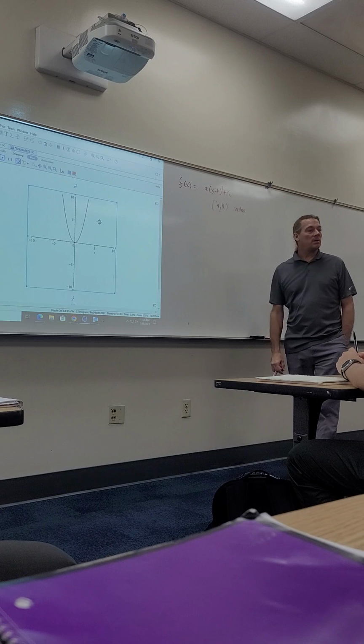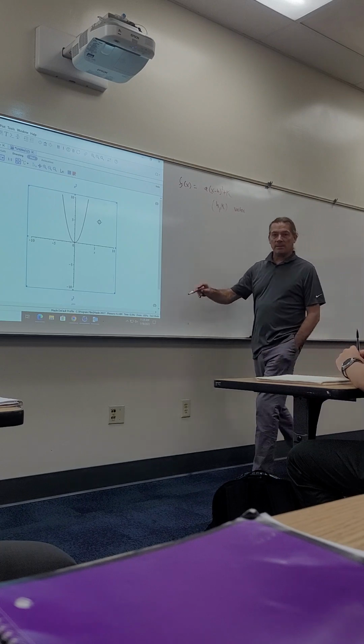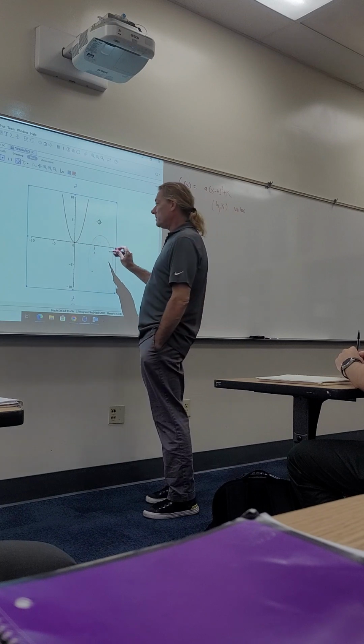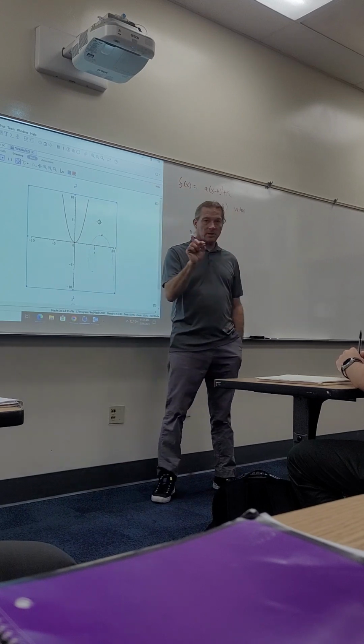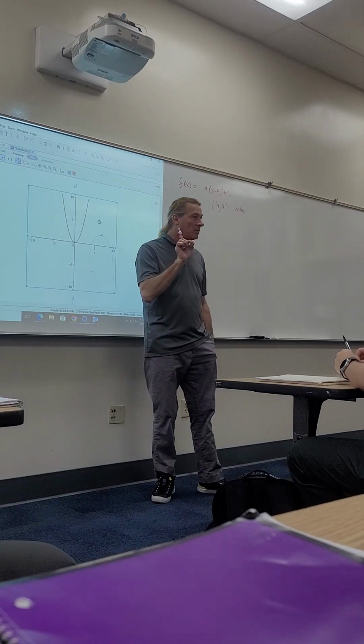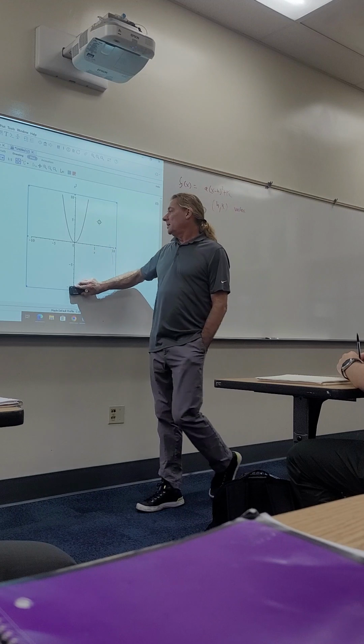The vertex, do you know what I mean by vertex? The lowest point, but maybe even the highest point too, if it goes like that. The vertex is that point where it's not either increasing or decreasing, it's like stopped for a moment.